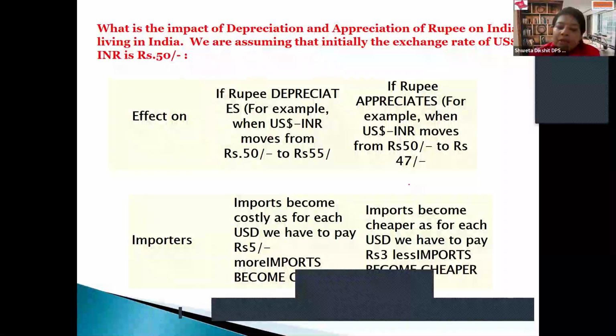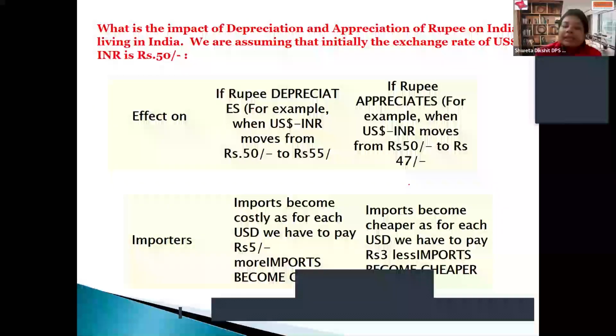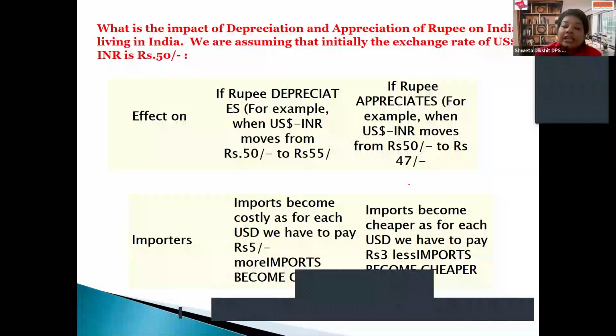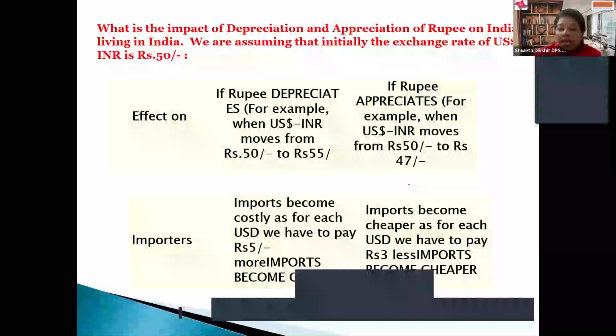But in fact, the positive effect is created by depreciation. And therefore, if you remember, I told you in IED that the government of India, at the time of liberalization, privatization, and globalization, had intentionally depreciated its currency to promote exports from our country.